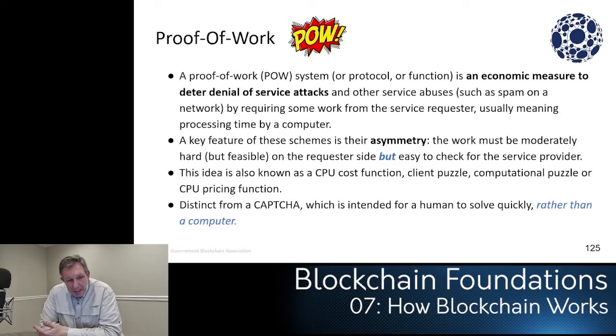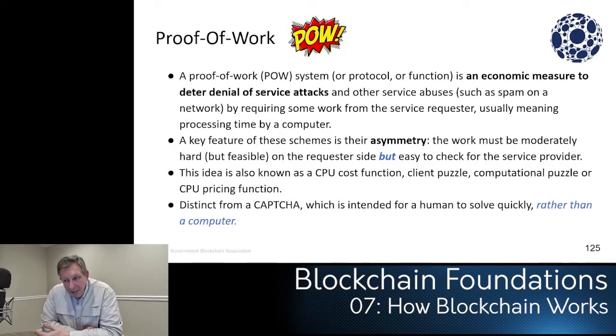So the whole idea behind a proof of work is before that message gets to my website, your computer has to solve some kind of a problem or a puzzle. And it makes your computer have to work at something. And when it works at something, it basically is using an economic resource. It's using energy, it's using cycle times, it's using its computing power essentially to do work.